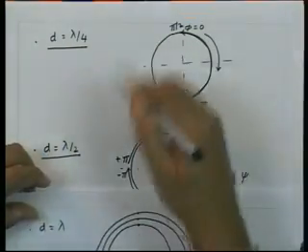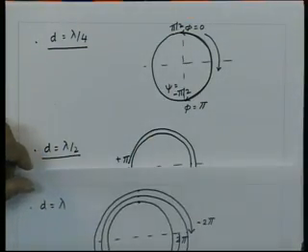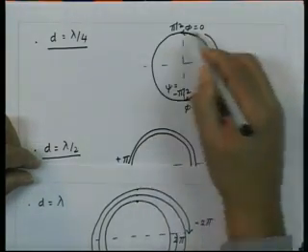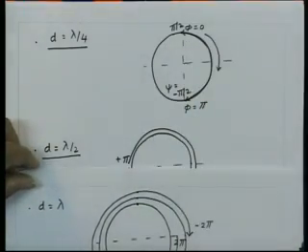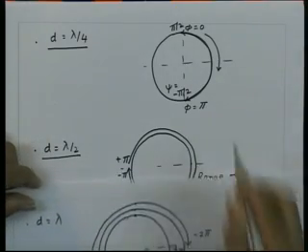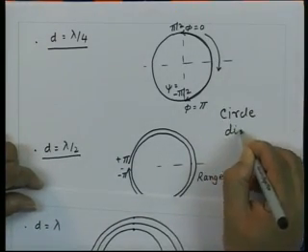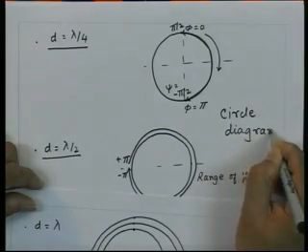This diagram essentially is called the circle diagram of the array, and we can essentially mark the roots of the polynomial, that means directions of the nulls, on this diagram. So this thing we call as the circle diagram of the array.